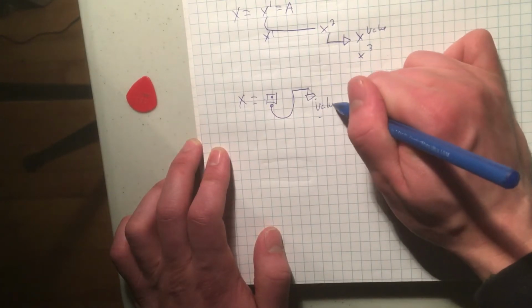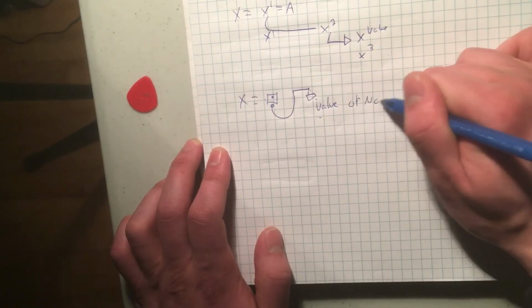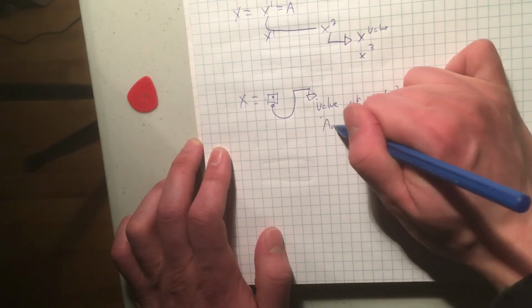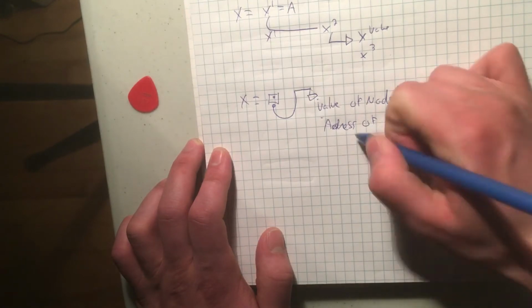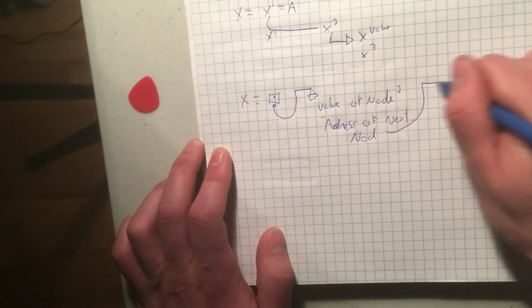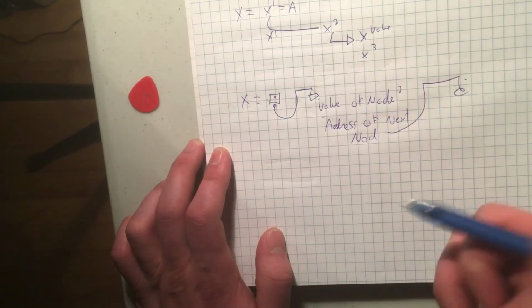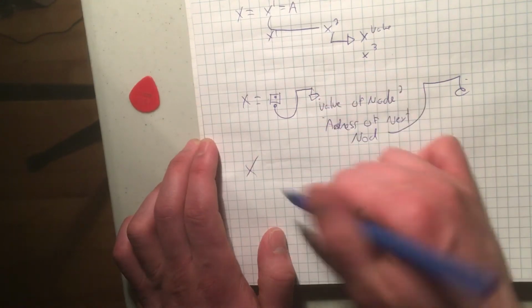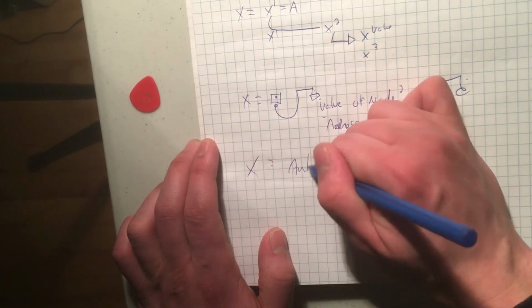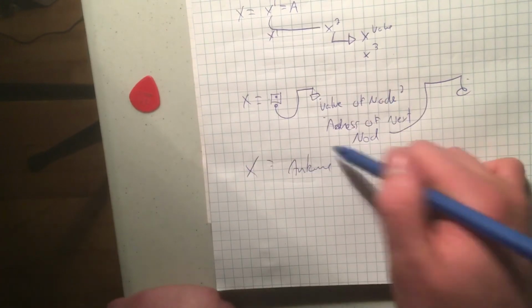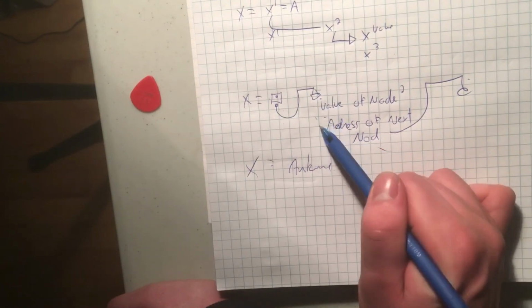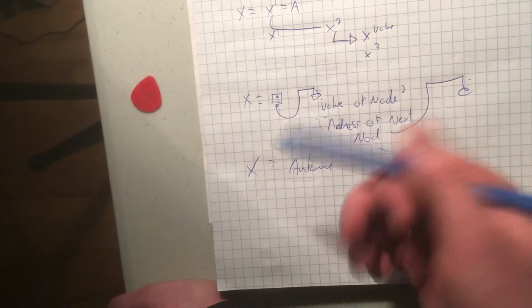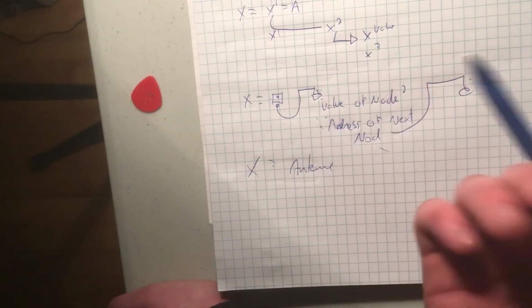So value of node 2 and address of next node, right? So we call the address of the next node, which has the same thing, and so on. This way, the way the computer is going to interpret hex is Antoine, and Antoine is going to be broken inside all different nodes that have a value and an address, memory pointers to the next node, right? Kind of basic stuff.